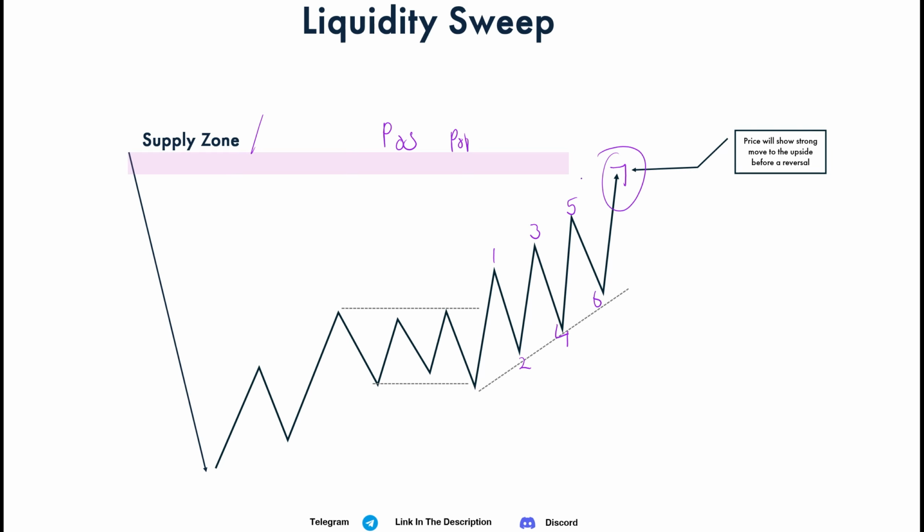On the 7th one, that means there will be some minor highs here where people will be looking to go short. And price will show some strong moves before it can start to show some reversals in the market. Price will move aggressively to the upside before it can drop lower, as I mentioned in the previous videos.